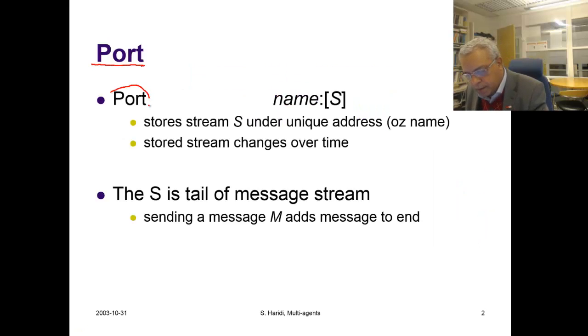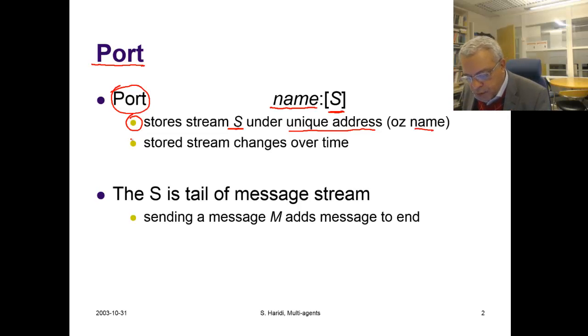A port is a named stream. It is an association of a name and a variable that is going to be bound. This will be bound as a list or an incremental stream. So it's a name that stores the stream S under a unique address, and this is an Oz name.